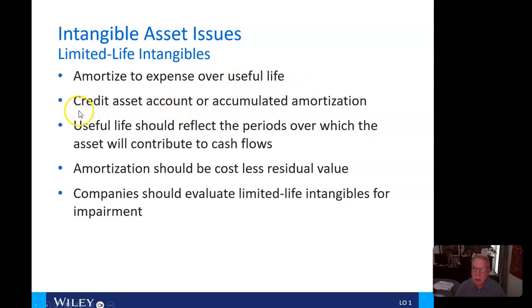But in the case of intangibles, you have the choice of doing either. The useful life should reflect the periods over which the asset's going to contribute to our cash flows. And amortization should be cost less the residual value, just like we do for depreciation. Companies should evaluate limited life intangibles for impairment, and we'll talk more about that in this chapter.